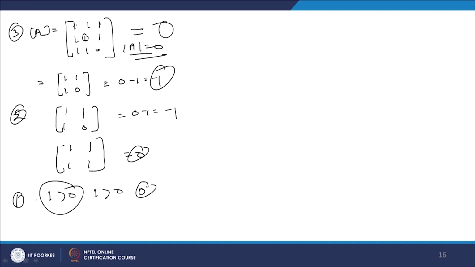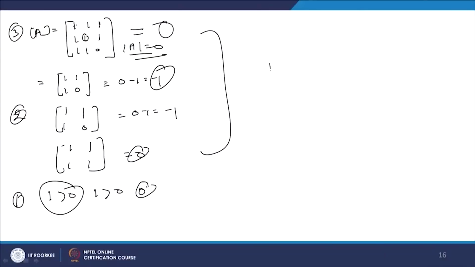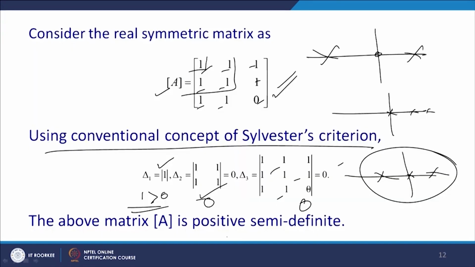So the values of the principal minors are greater than 0 on one side and less than 0 on the other. That means this matrix is indefinite, whereas the existing criteria says this given matrix is positive semi-definite.